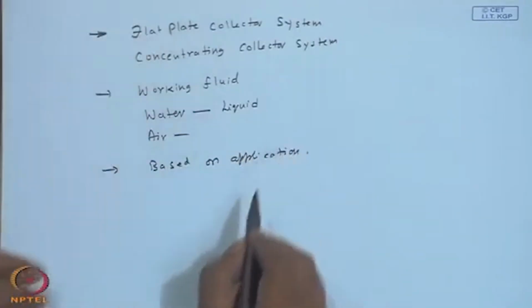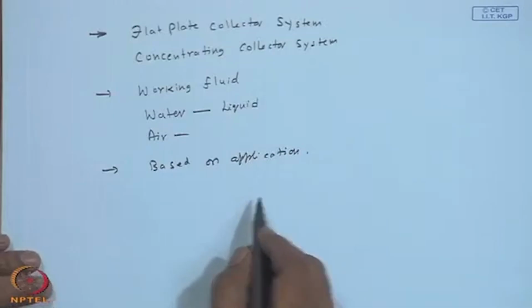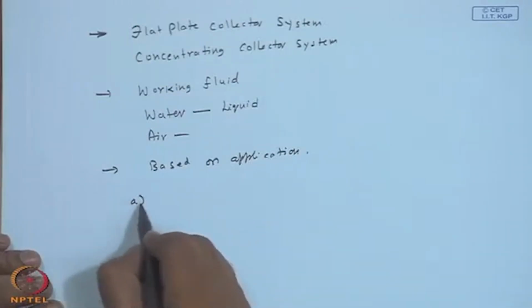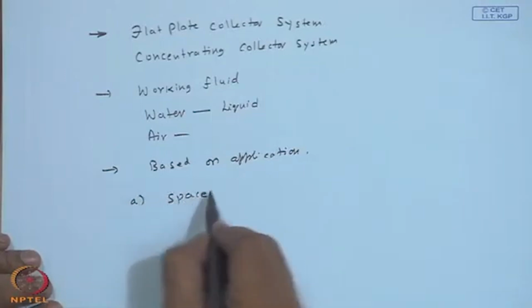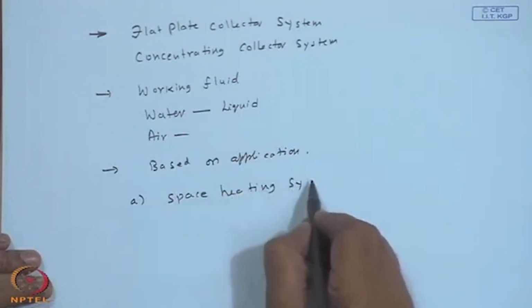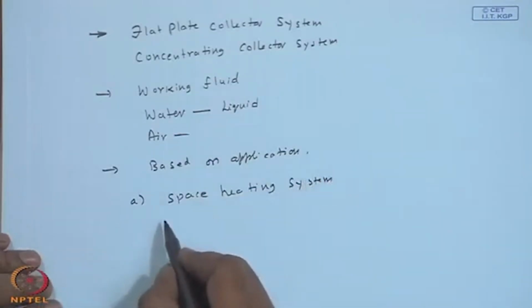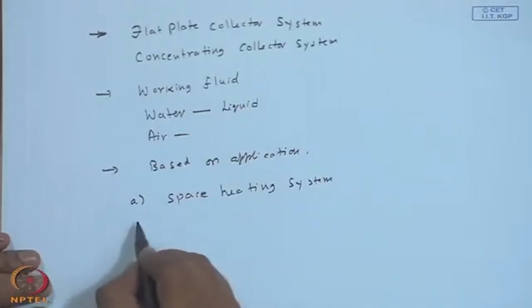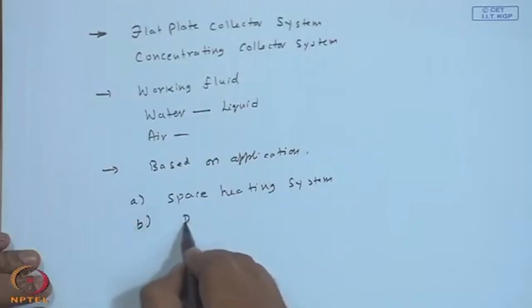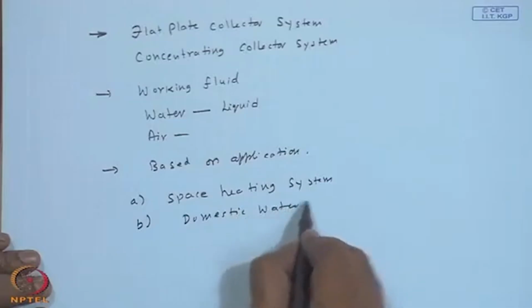So, another way is functionality. Irrespective of what type of collector you used, whether you used a liquid or whether you used air and flat plate or concentrating collector, it can be a space heating system to provide comfort inside. If the temperature is below the comfort condition of approximately 20 degrees C, you try to heat it up with a space heating system, and it may be domestic water heating.